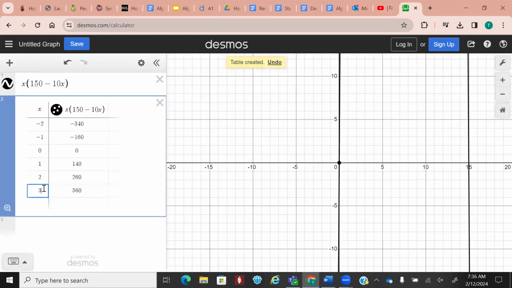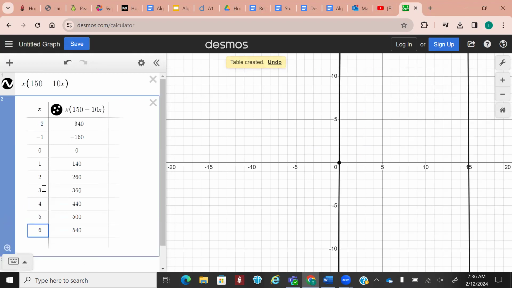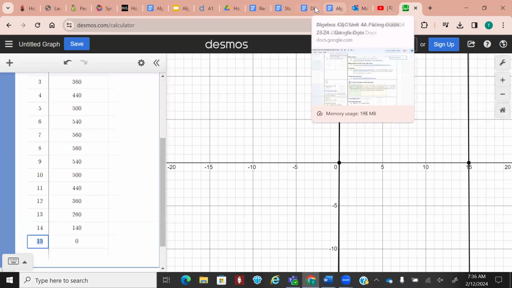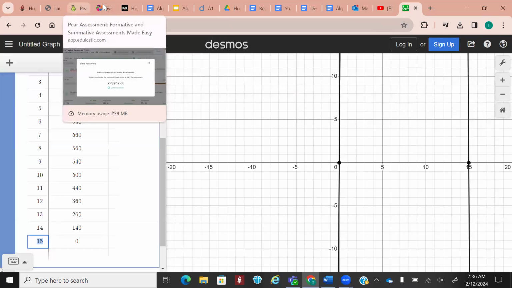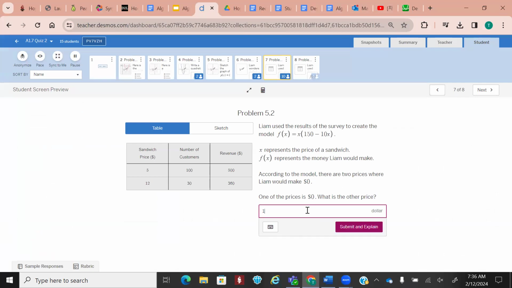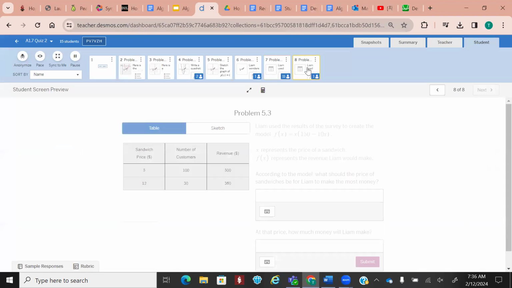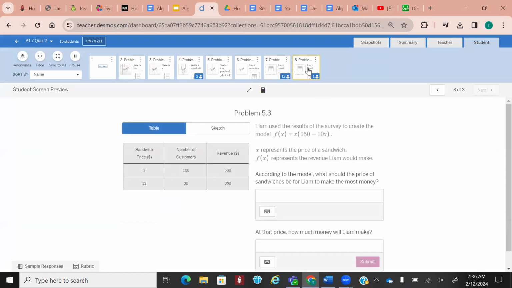When we look at our table and we fill in a couple more numbers, we see that it goes up and then it starts going back down. So 15 would be the other time that it's 0. 0 people would buy a sandwich that is $15. That's what that's saying. $15 would be it, and that would be our other x-intercept.